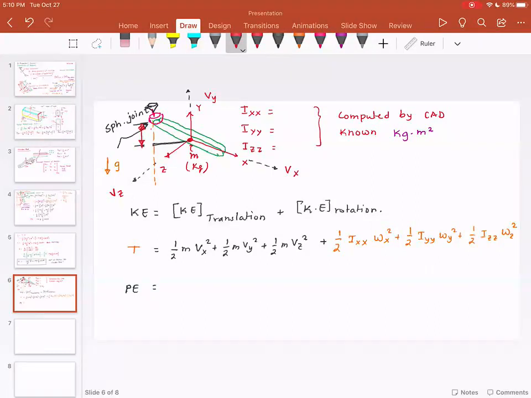Let me call this L, and the potential energy is minus mgL. Whenever you find the potential energy, you will have to take the component in the gravitational direction.